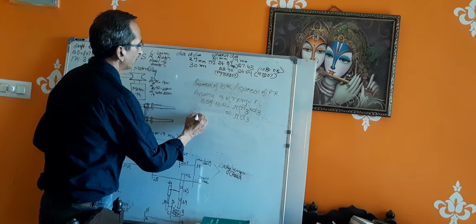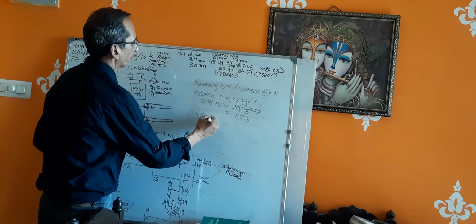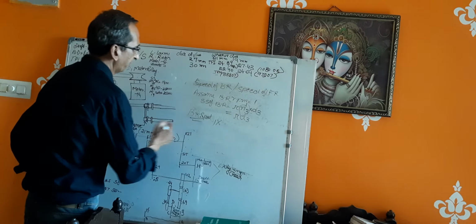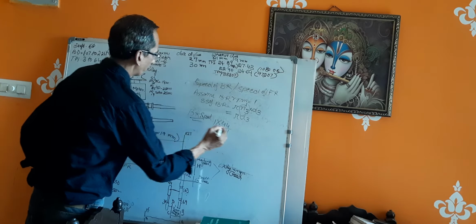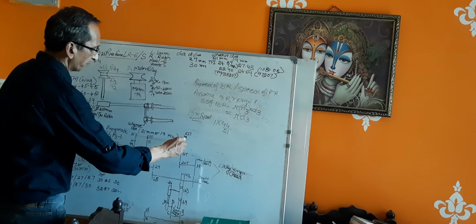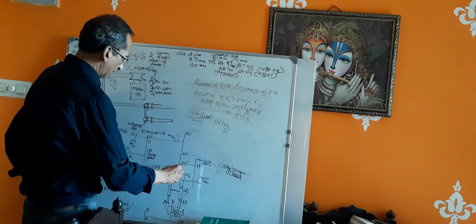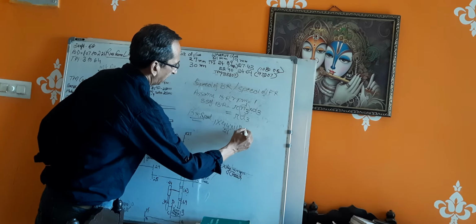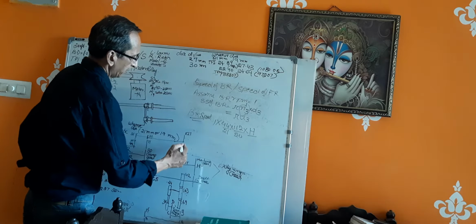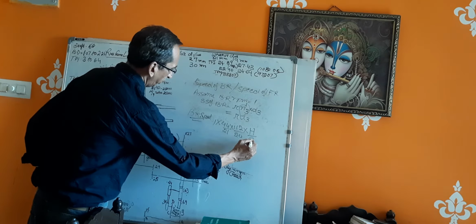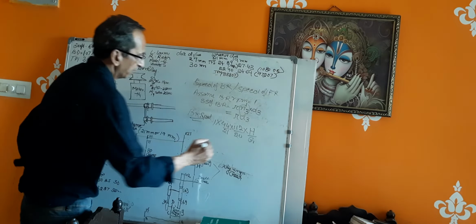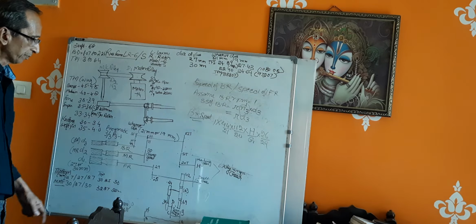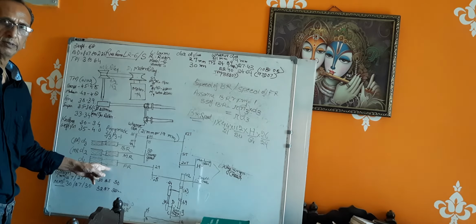So the speed is 1 into 44 divided by 21, and then 112 divided by 20, then the motion goes to H, then G, then 26 upon 29. So now this will be the speed of front roller.